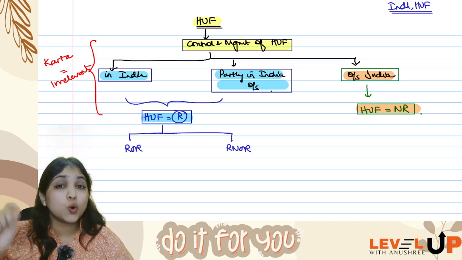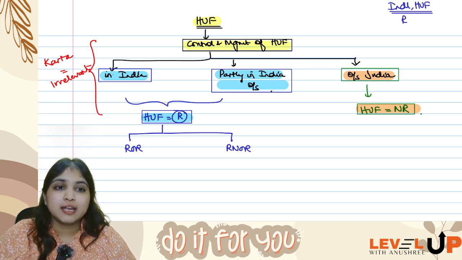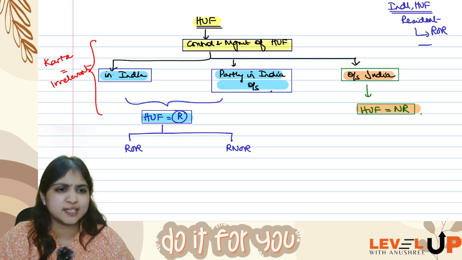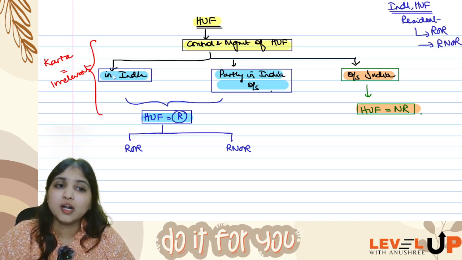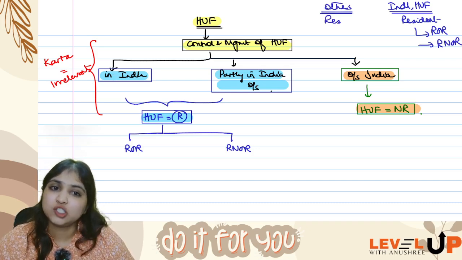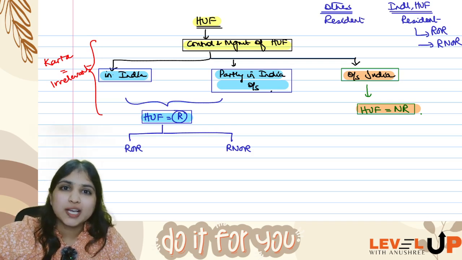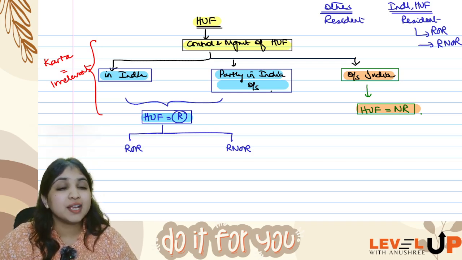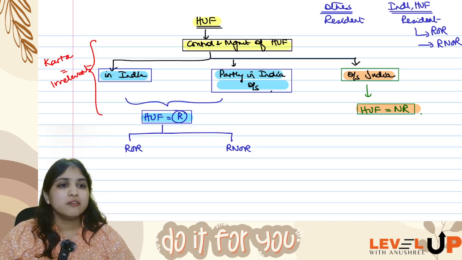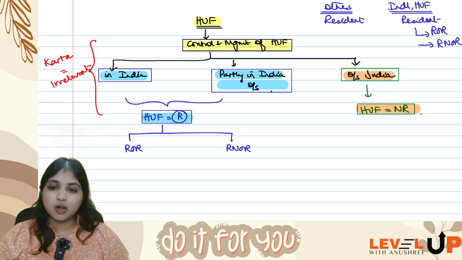If the assessee is a resident individual or HUF, we go ahead and check whether it is an ROR or RNOR. All other assessees, if they are resident, we stop with resident. There is no concept of ROR or RNOR. But if the assessee is an individual or HUF, then yes, we go a step deeper.